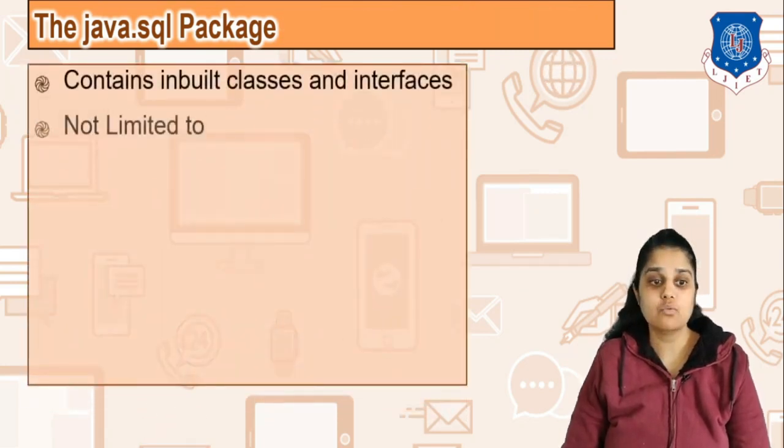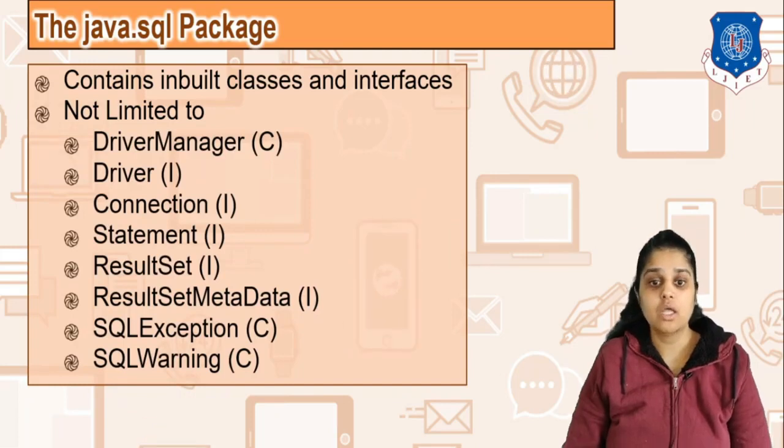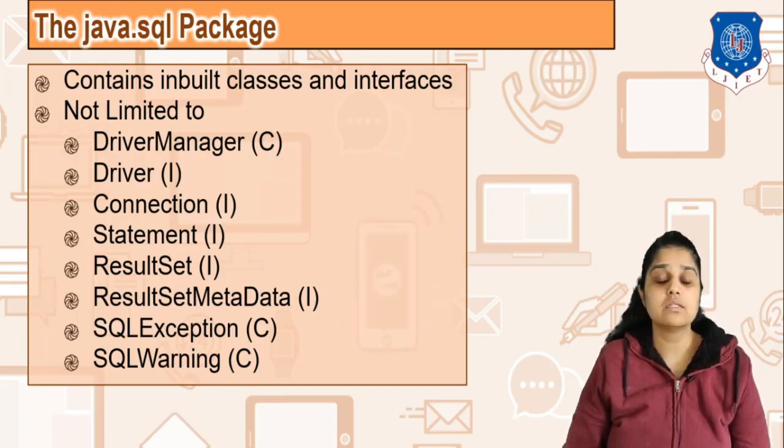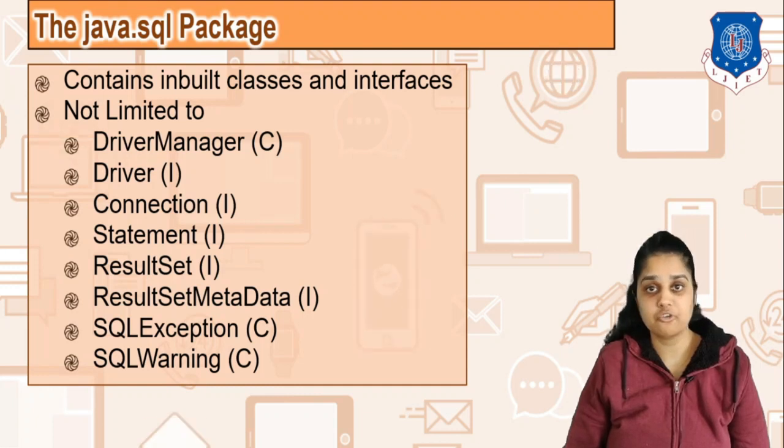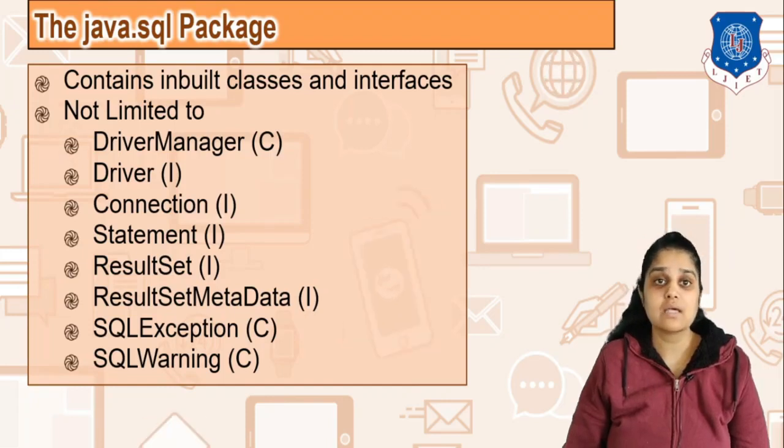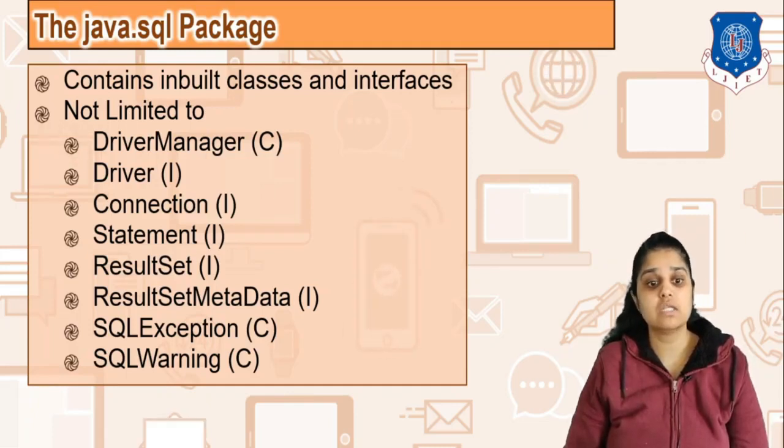Let us first see what is the Java SQL package. Now this java.sql package is an inbuilt package readily available in Java, and it contains certain inbuilt classes and interfaces, which are not limited to the ones I have mentioned here. Let us see the first one. It is the DriverManager, which is a class. So the DriverManager class helps or attempts to call or connect with a specific driver where you have already a pre-listed or pre-registered set of JDBC drivers.